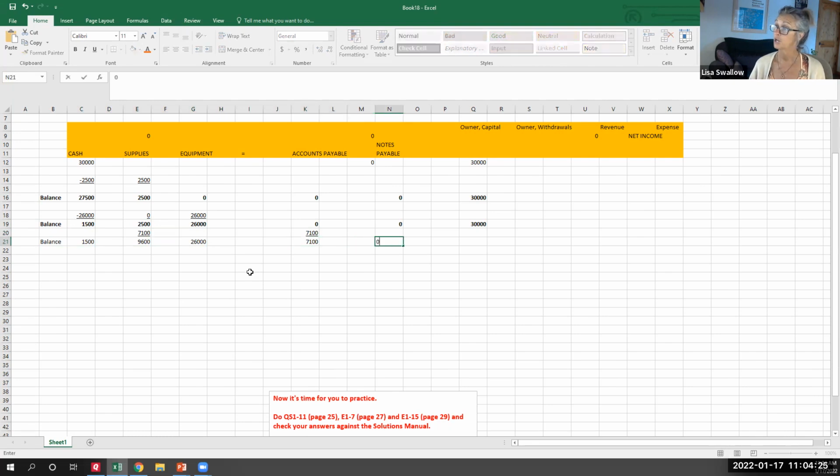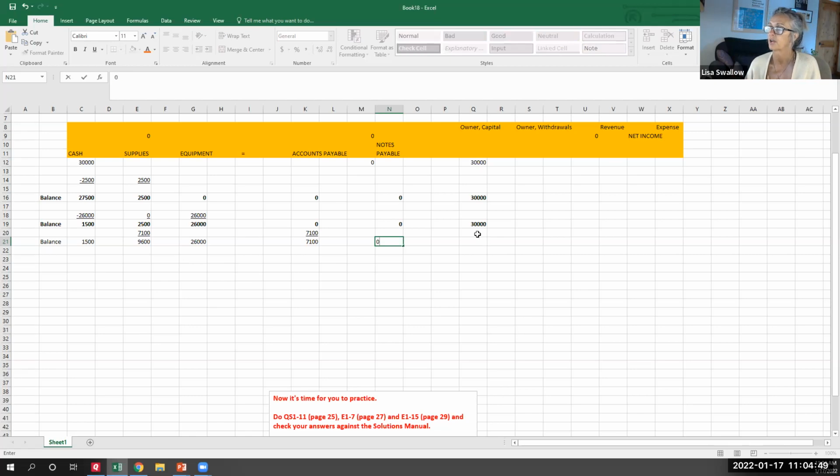I don't have any notes payable, and the difference between a notes payable and an accounts payable is that a notes payable is a formal instrument that you sign, and it's got interest on it and it's got terms on it, like 90 days or 2 years or whatever. Accounts payable are just trade payables that are very, very common when you purchase things on account.